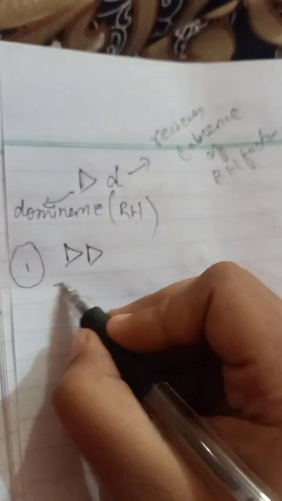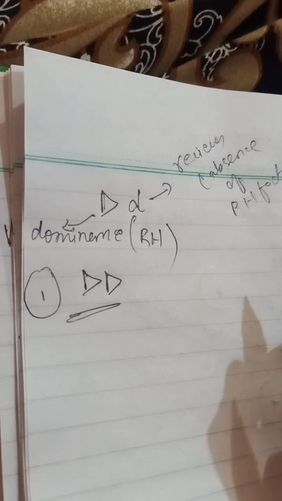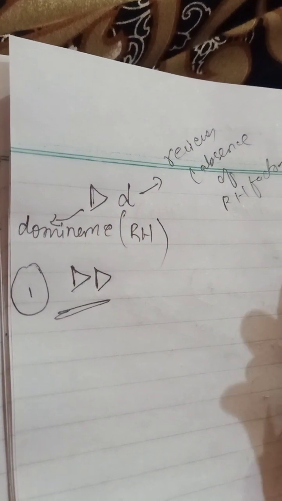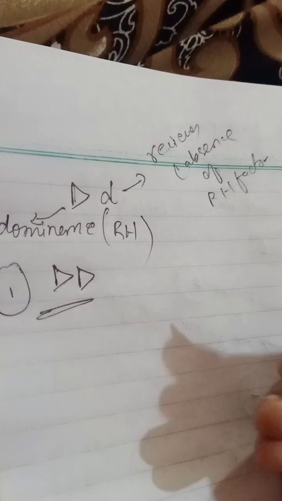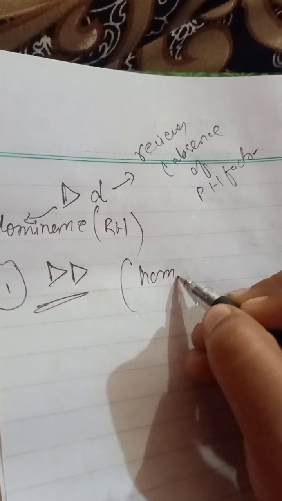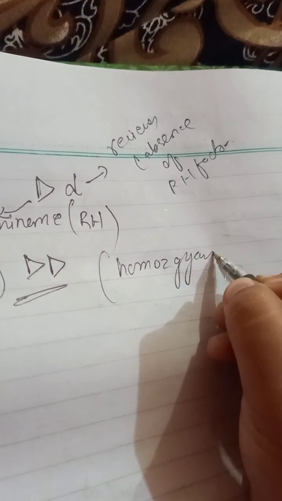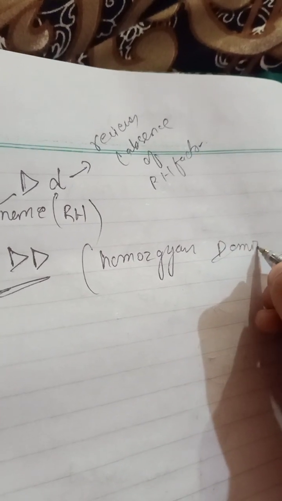Okay, so for example, I have both genes dominant, which is homozygous dominant, meaning both are similar.